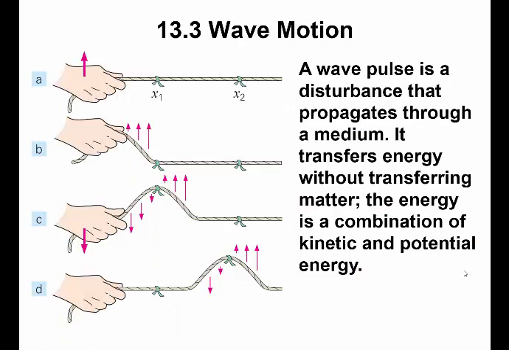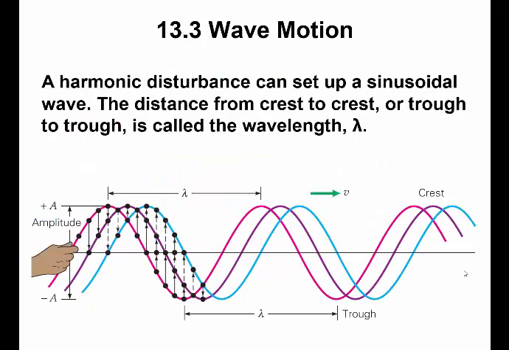Here is something similar to what we saw in our PhET simulation, where we give a little jerk to our rope and then we see a wave pulse that propagates down that string, and so we see energy transferring without transferring matter. So the energy in the string makes us continuously see that disturbance travel down our string.